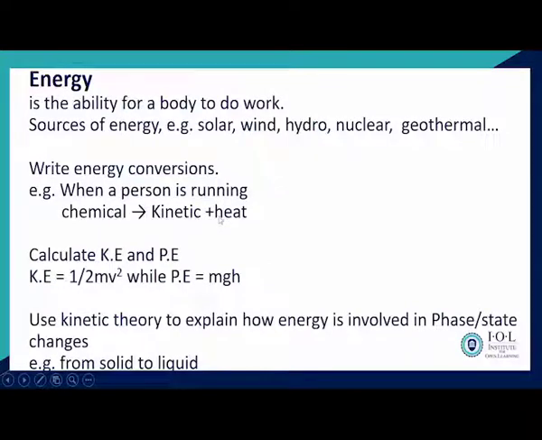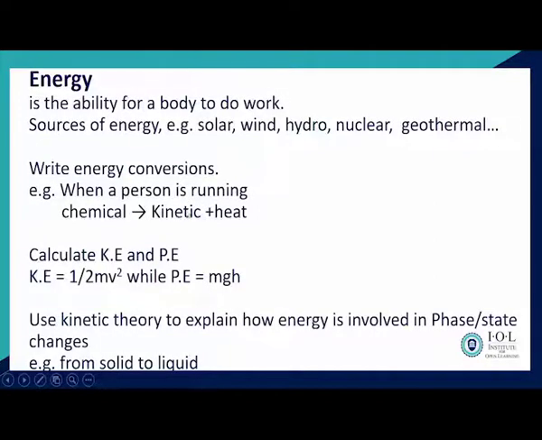Now, when people are writing these conversions, they write with arrows everywhere. What does the arrow mean in this conversion? The arrow means this starting energy, chemical energy, is converted. The arrow means converted to. And then what is the meaning of this plus? Plus means kinetic energy.